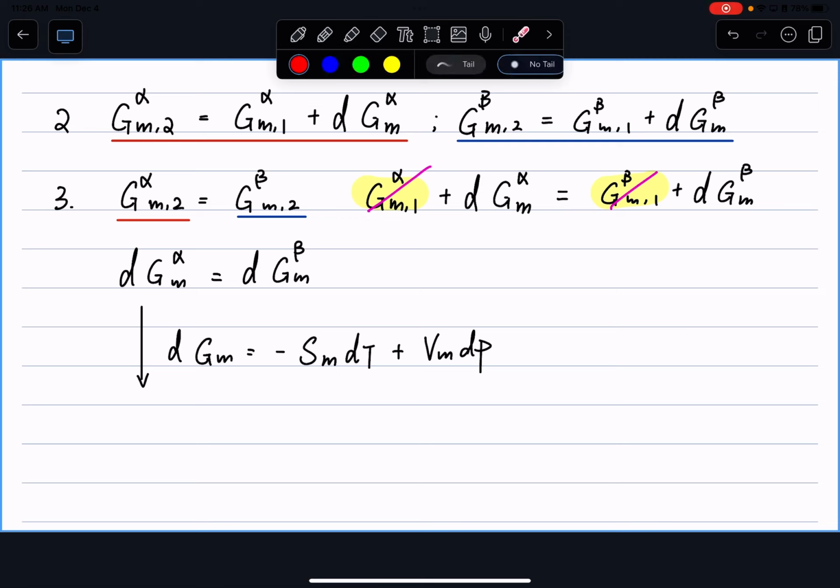All right, so a few things here. Your molar Gibbs free energy is an intensive property. Your Gibbs free energy is an extensive property, just to make sure you don't confuse yourself. So in this case, your molar entropy is intensive. It is independent of the size of your system. But entropy itself is extensive.